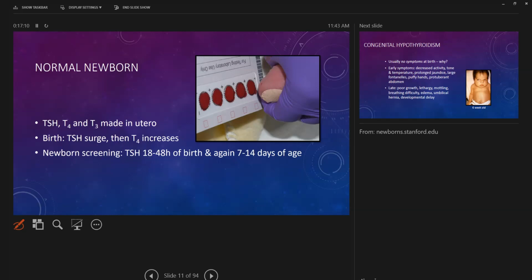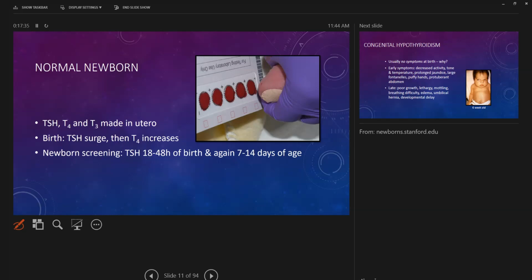It's going to look at TSH, T4, and T3. These should all be made in utero. At birth, the thyroid stimulating hormone should really surge, followed by an increase in T4 as the child no longer has exogenous sources of T3 and T4.